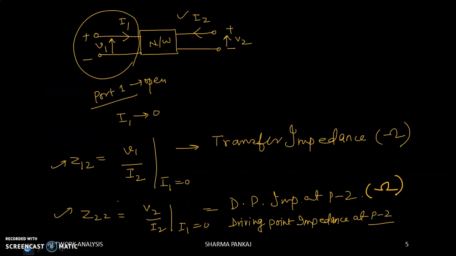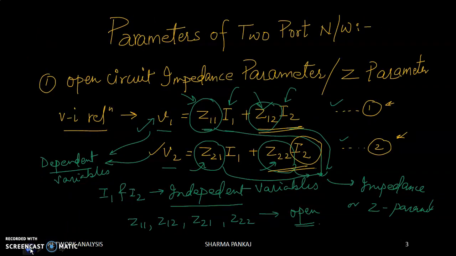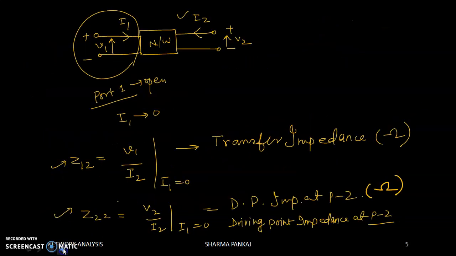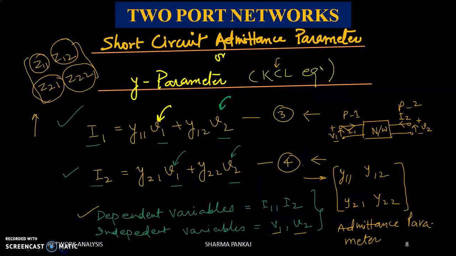Now this was the Z equation. The Z parameter equation was based on KVL, V is equal to IR form. So we kept voltage as it is, and we zeroed current.